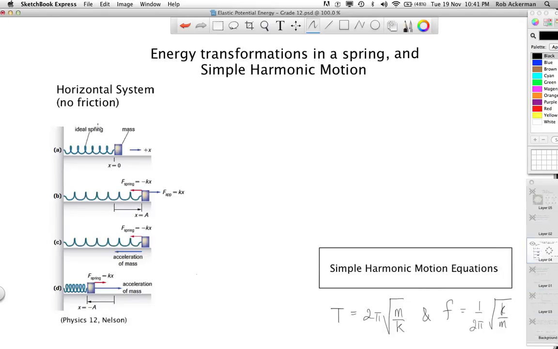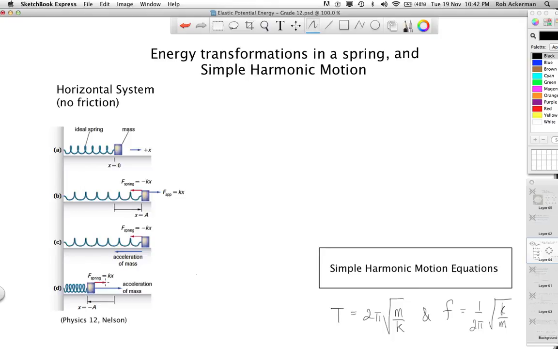The spring is mounted horizontally to a wall, kind of like I described to you earlier. What we're going to do here is imagine taking this mass and stretching it out like you see in figure B here, and then letting go so that the spring naturally pulls the mass back and the mass begins moving.